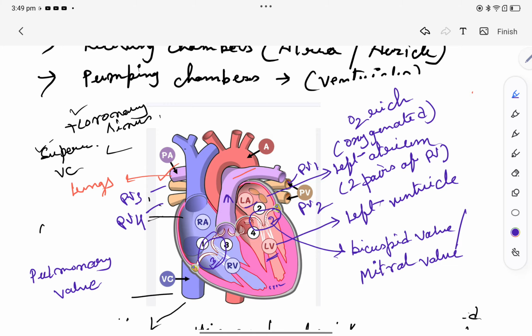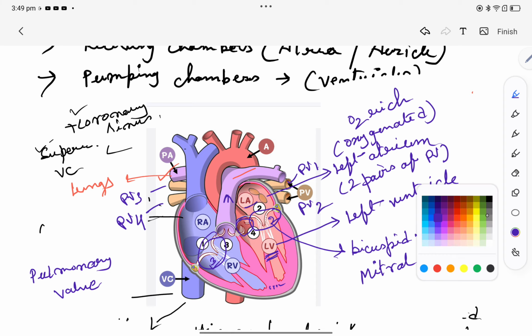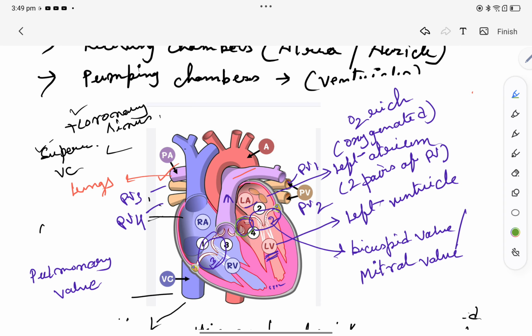Once the blood enters the left ventricle, it goes to the aortic valve. So this valve, I'll use another color. In this valve in particular, we can see two half moon shaped structures. This is the aortic valve. It goes to the aorta.